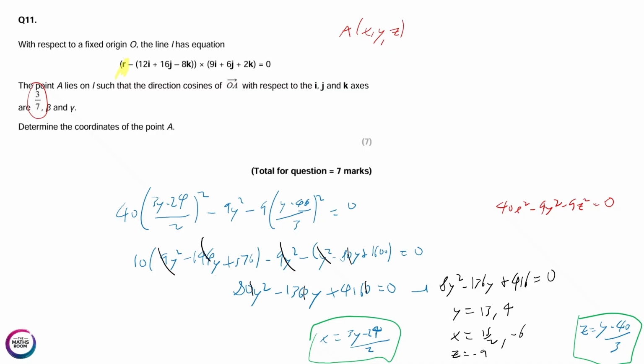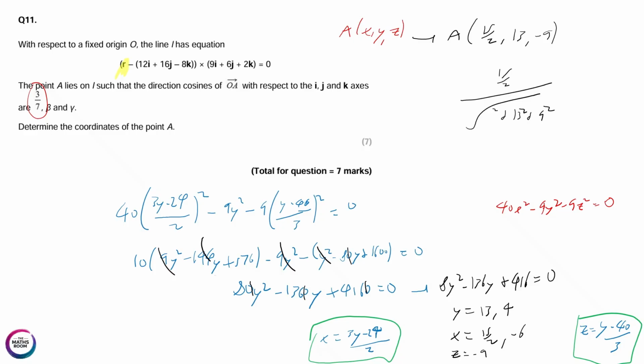So I know that a has to be, it should be anyway, 15 over 2, 13 and minus 9. And just to check this from before, guys, if you do 15 over 2 divided by root 15 over 2 squared plus 13 squared plus 9 squared, so I can do that a bit neater.